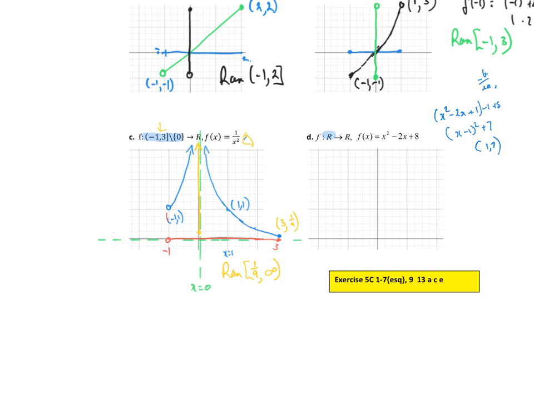So the point 1, 7, I'm going to call that 1, and I might just call that 7 there. It's a positive parabola. If that's 7, then 1, 2, 3, 4, 5, 6, 7 would be there, I should say. That would be 8, which is the intercept. Oh, I missed it.